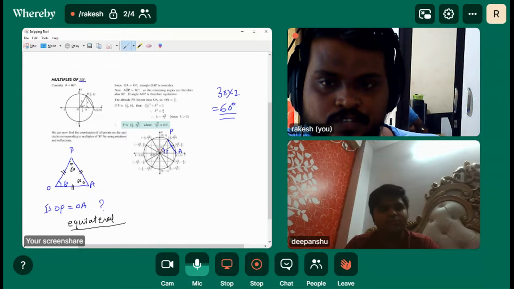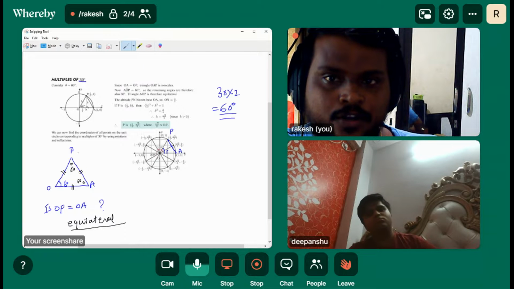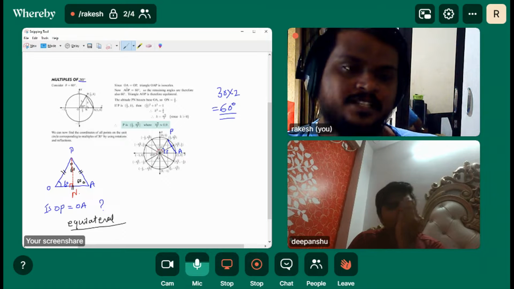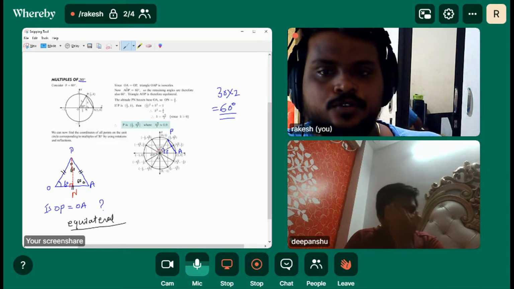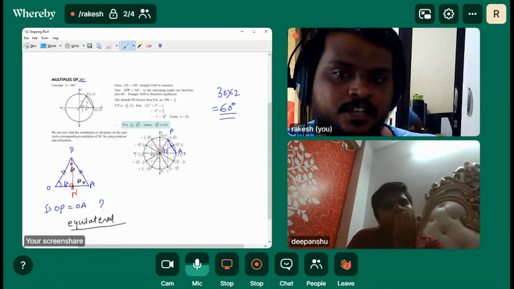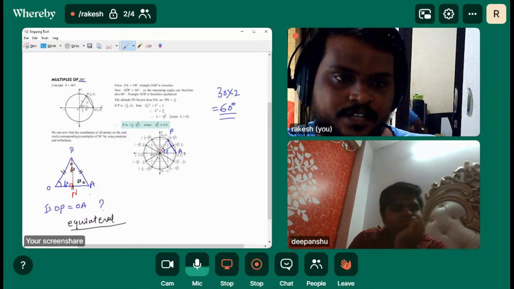Once this is an equilateral triangle, I'll draw a perpendicular line from P to the x-axis, and we'll name it N. This perpendicular line will definitely divide the opposite side into two equal halves, right?